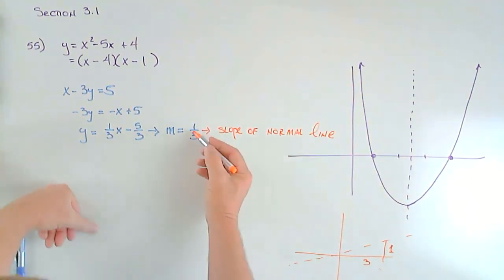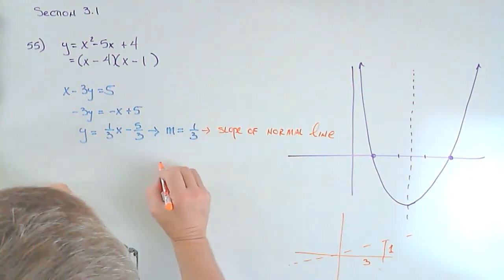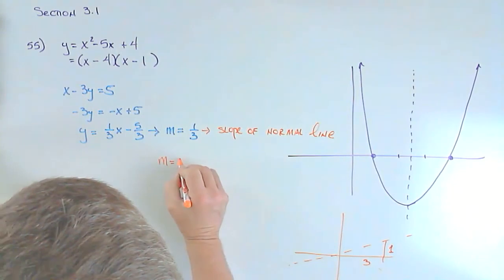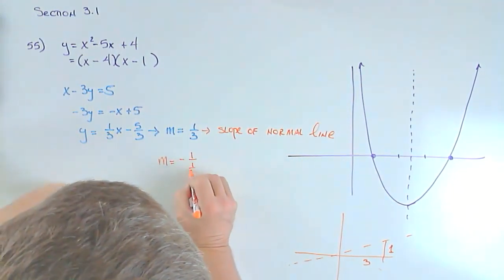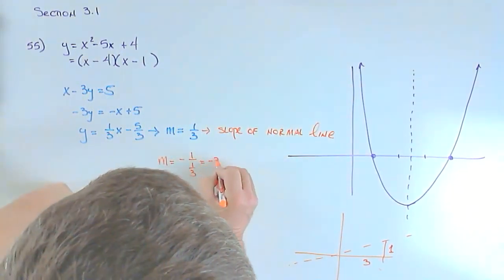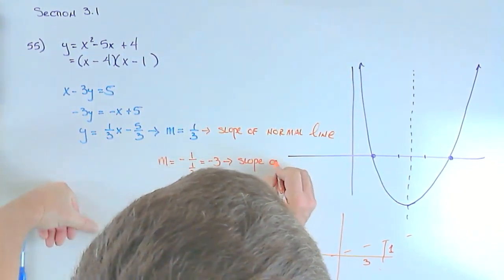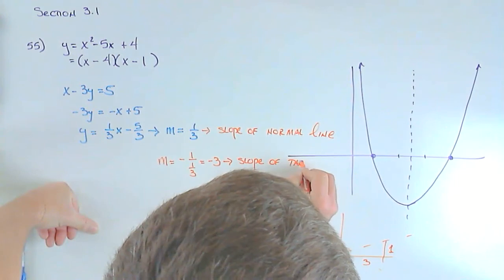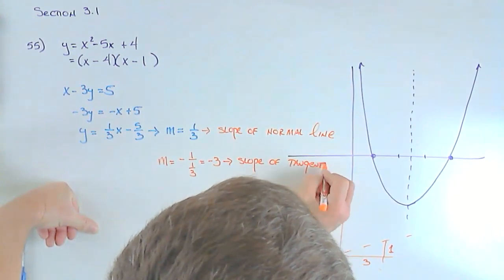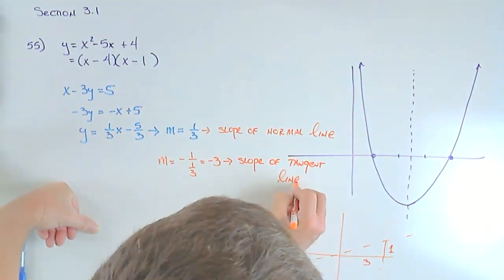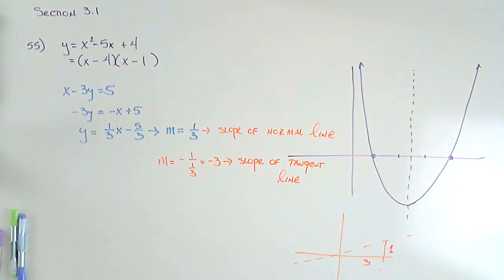That means its negative reciprocal is the slope of the tangent line. Right, here we go, translating words again, using our definitions.